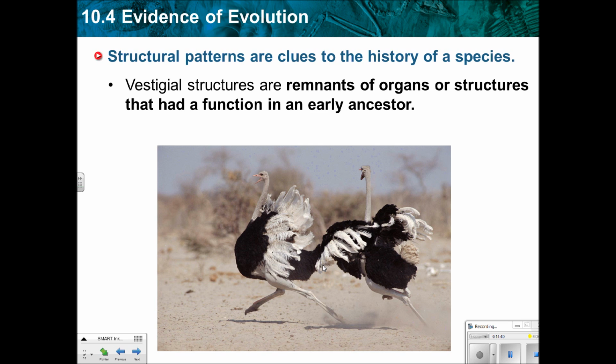Our appendix is an example of a vestigial organ. We do know it does do something for us, but not what it originally was designed for. It actually is like a little bacteria sink. We let bacteria grow in there, and the bacteria help us digest our food. But it used to be really important when we were eating much differently than we are today. We didn't cook in the past, for example.